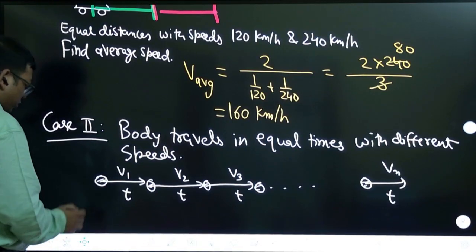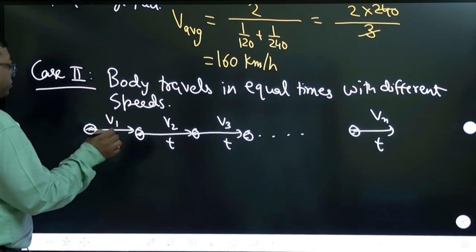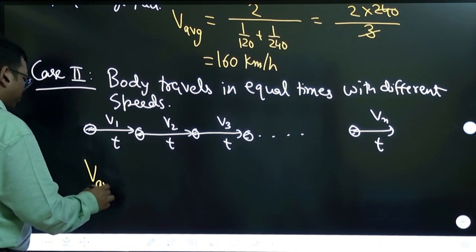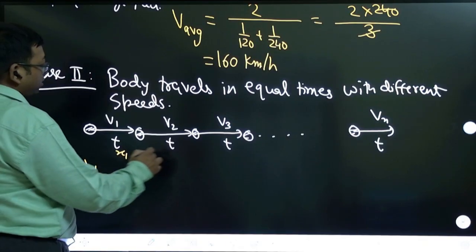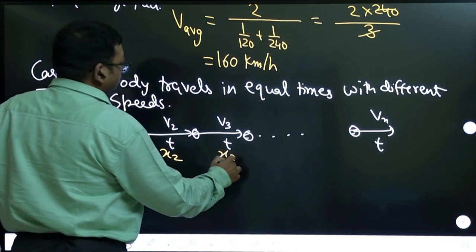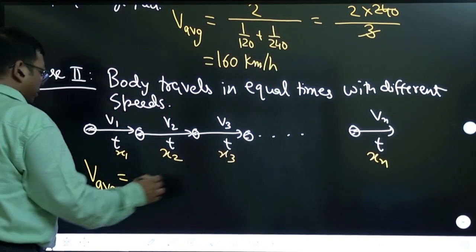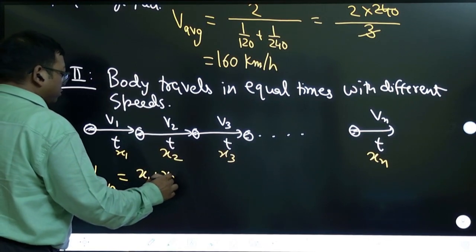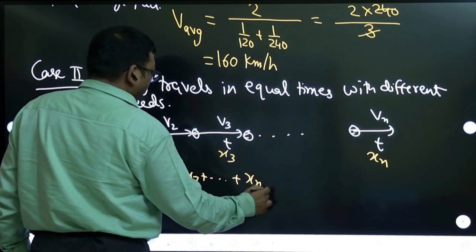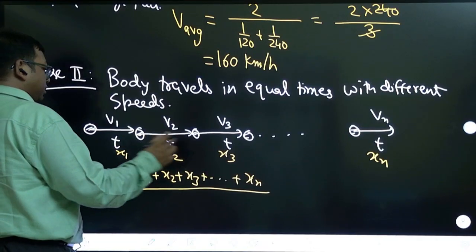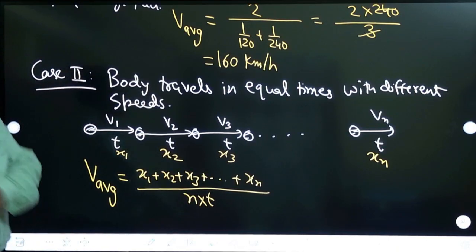What is the average? When you have to calculate average here, again the formula is going to be the same. Average is total distance by total time. Let us say the distances are x1, x2, x3, up to xn. So you need to add the total distance x1 plus x2 plus x3, dot dot plus xn, by total time, which is the sum of all the time.